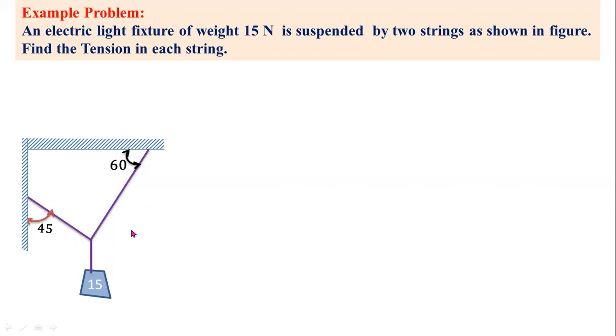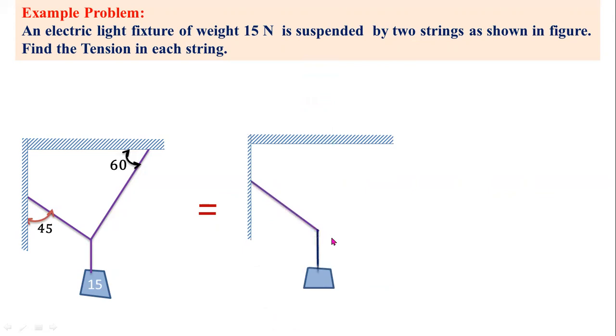First of all, you have to convert this given diagram into a forces diagram. So first you have to consider the self weight. Here, the self weight of the light is 15 newtons. The self weight of any body acts vertically downwards, so you have to consider a vertically downward force, that is the self weight.